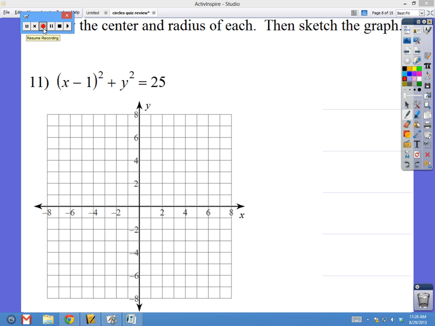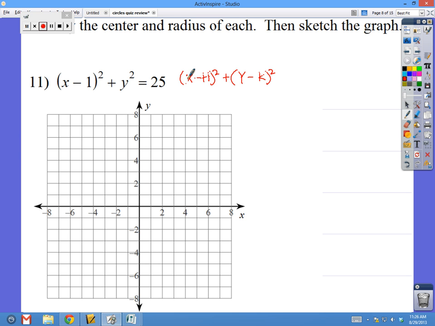Okay, so you need to use the formula (x − h)² + (y − k)² = r². So this is your x center and your y center, and you have to find out your h... wait, hold on.